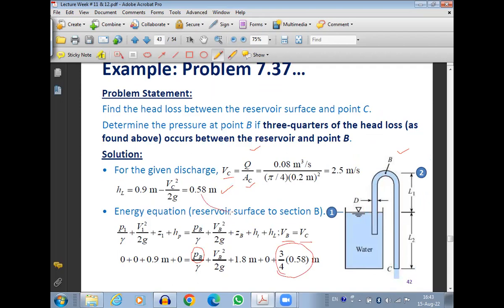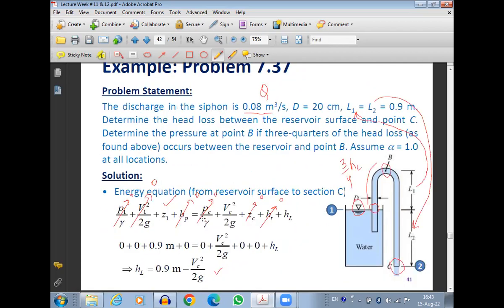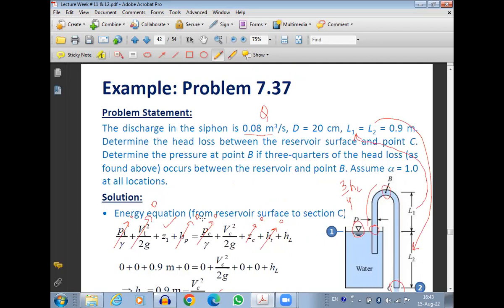Between the reservoir and point B, again the elevation difference will be 0.9. So you can say the elevation for the reservoir is 0.9 and the elevation for point B is 1.8. If you substitute all the values, you can find out the pressure at B. So that's the solution of this problem. If there is anything within the solution which is not clear to anybody, please feel free to ask.